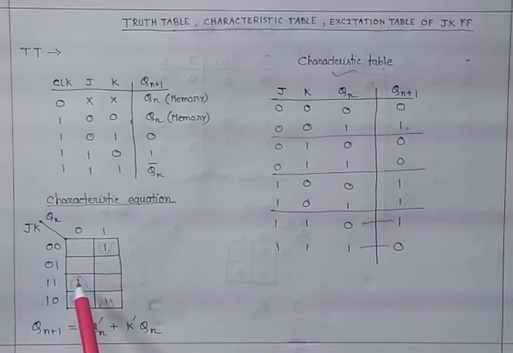So for this pair, J is constant and Qn bar is constant. That means J Qn bar. And for this pair, K bar is constant and Qn is constant. That means K bar Qn.